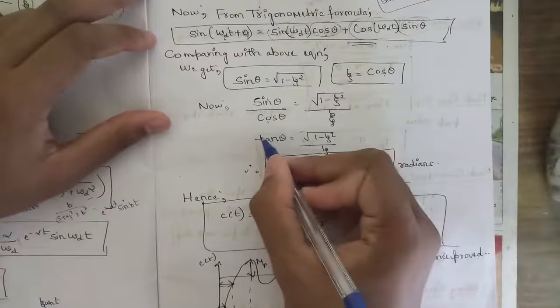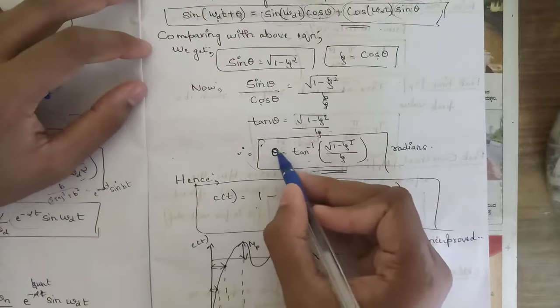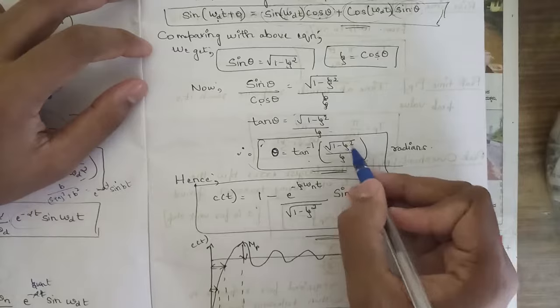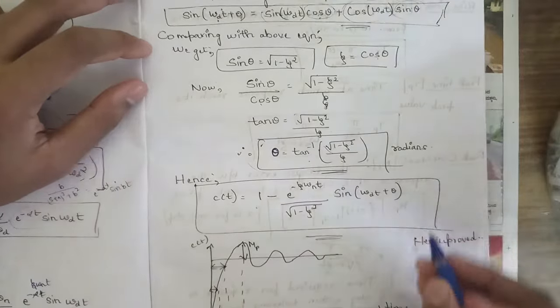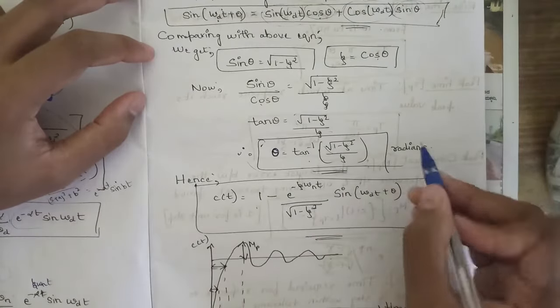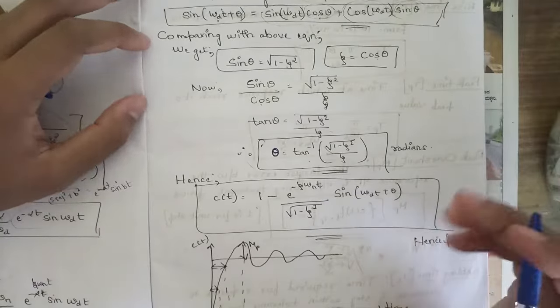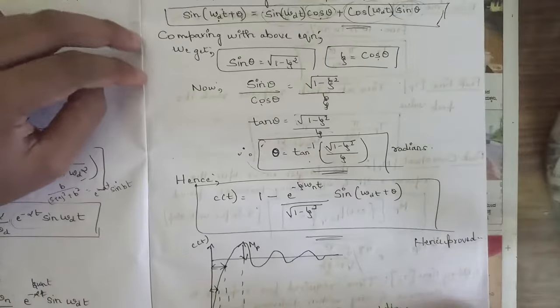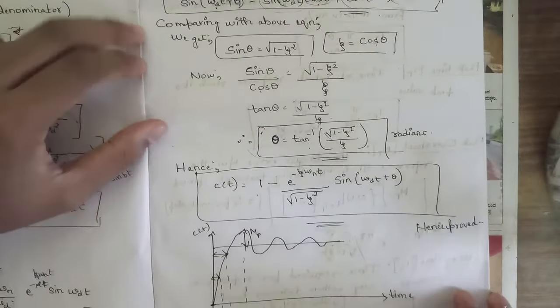Okay, this one formula we need to remember very carefully, because it is very important. This is expressed in radians, not degrees. Whenever you are doing the calculation, set the calculator in radian mode and then calculate the value of theta. You should not forget this.